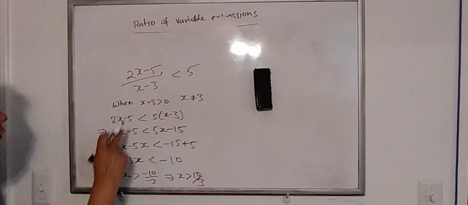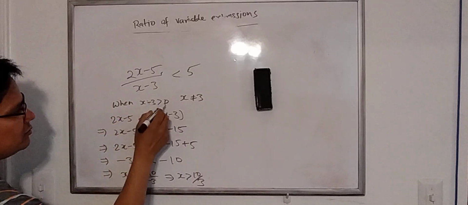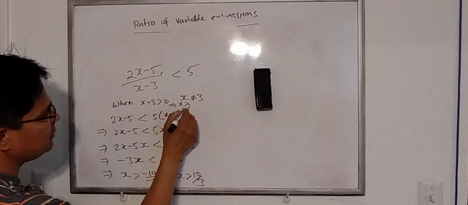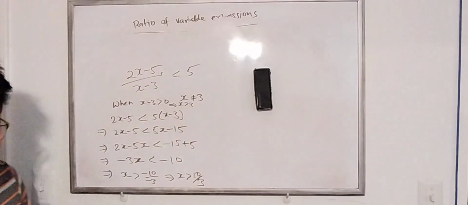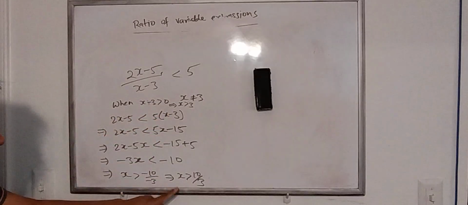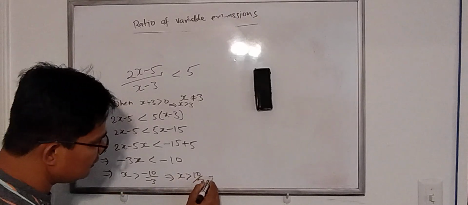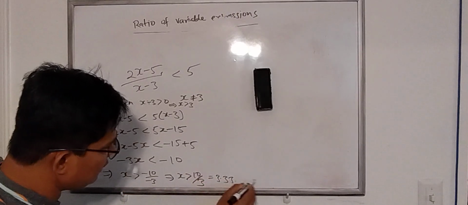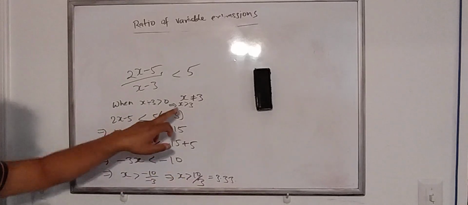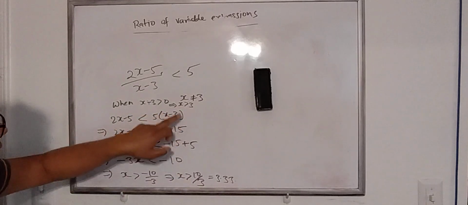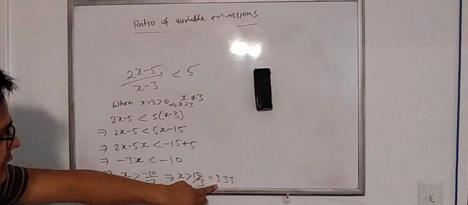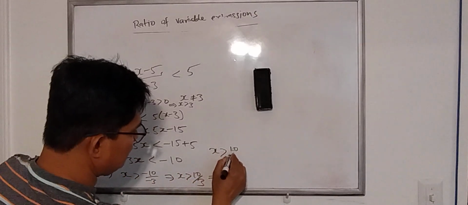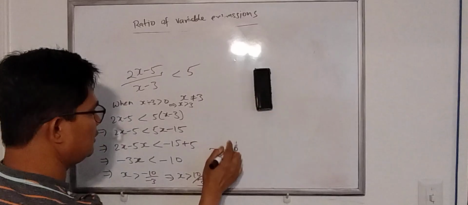Okay, what you had here, x minus 3 is greater than 0, which implies that x should be greater than 3, correct? And here what you found? 3.33, okay? So which is true. With this condition, x should be greater than 3, and you found that x is greater than 3.33. So this is one solution, x greater than 3.